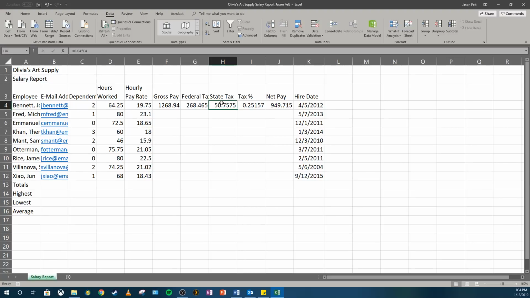I've got my dental, my vision, any additional retirement, belonging to a teacher union, any of those fees. So those knock down this gross pay to give you your net pay, which is how much you actually get in a paycheck. So just be careful, this is the real world here. They take out taxes. That's just how it works. So that's how we figured this out in our salary report.